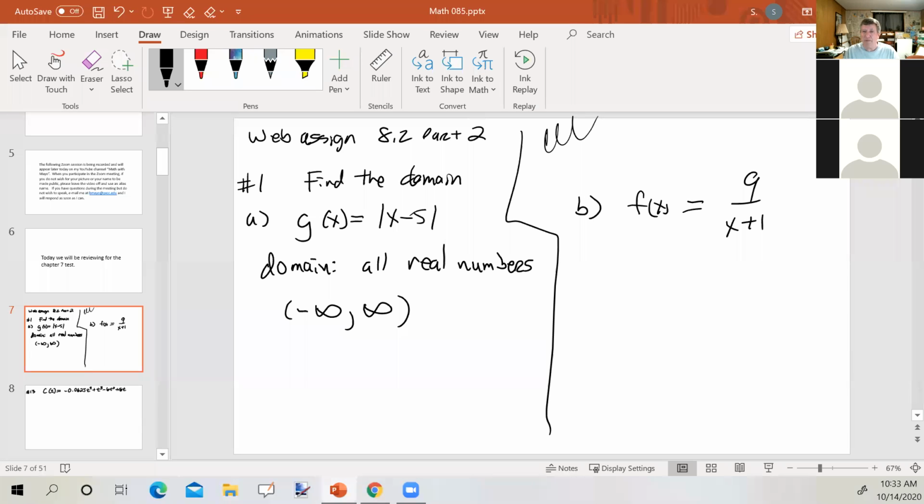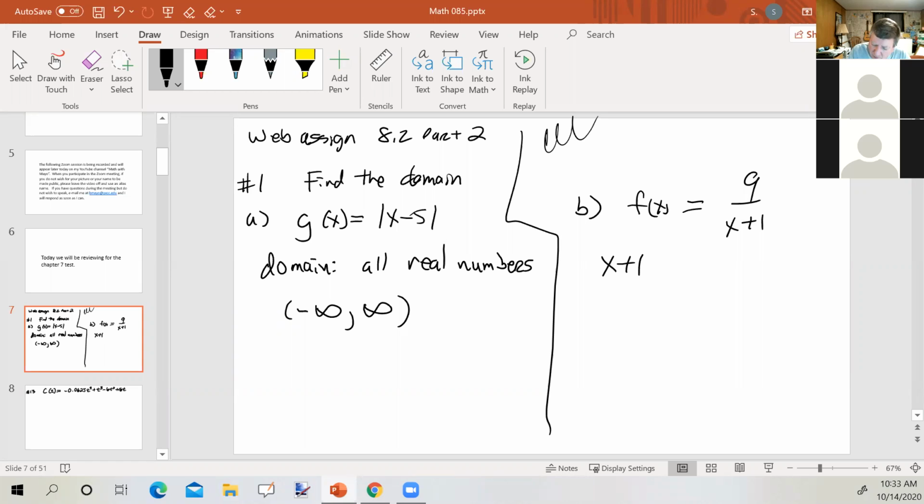Okay, part B of the same problem, it says f of x equals the quantity 9 divided by the quantity x plus 1. Again, they want us to find the domain. Well, now we have a variable in the denominator. In fact, the entire denominator is x plus 1. If the entire denominator is 0, then we're in trouble because we're dividing by 0 and that's undefined.